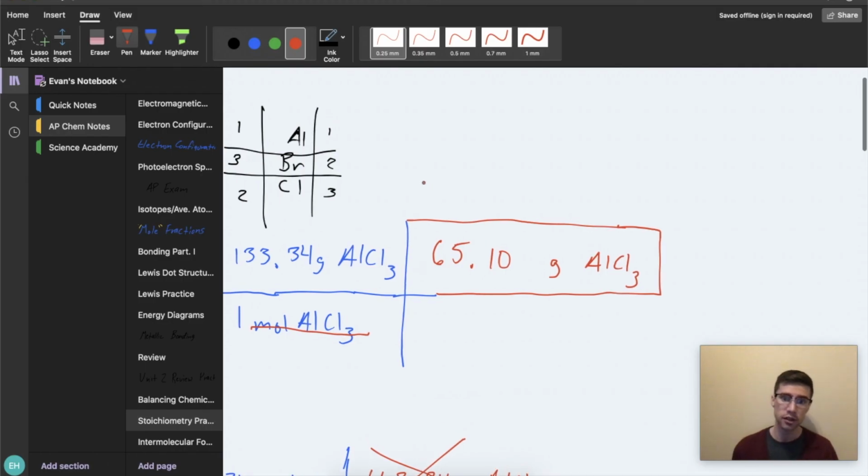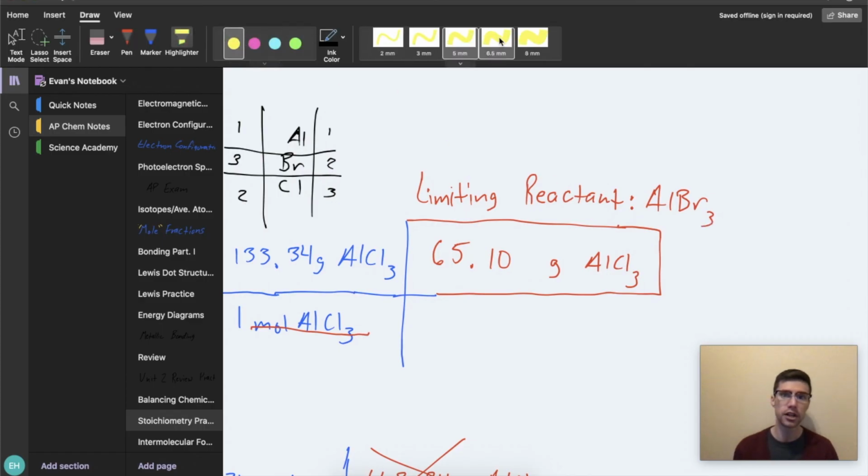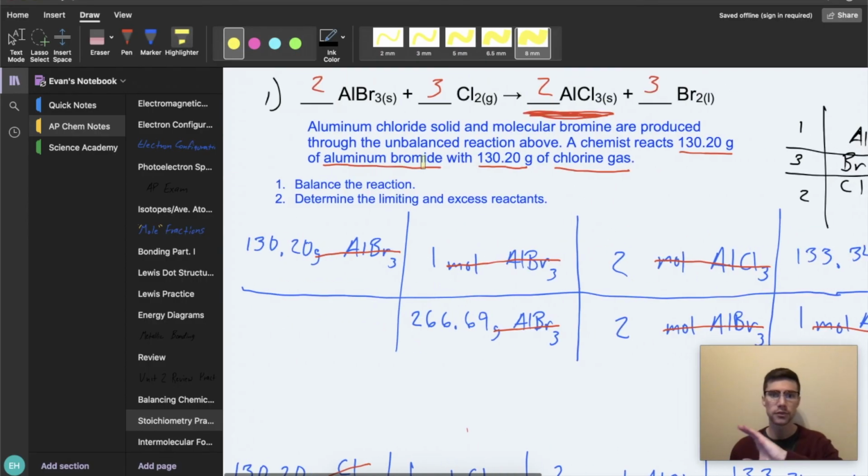Which means that our limiting reactant is whatever produces the least amount of product, which in this case is our aluminum bromide. Okay, so there is our answer for part 2. And we have now solved this problem.